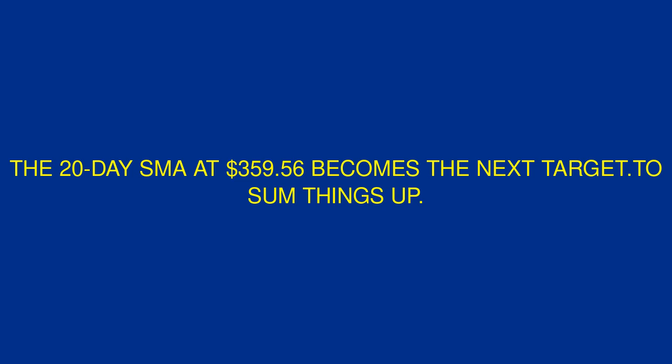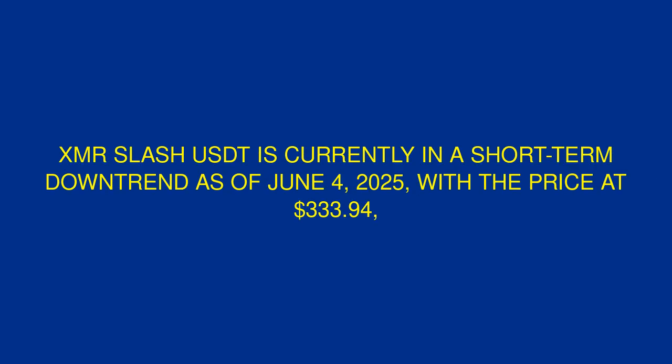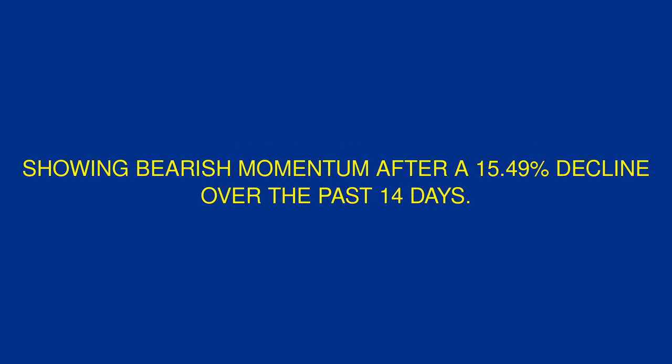To sum things up, XMR/USDT is currently in a short-term downtrend as of June 4, 2025, with the price at $333.94, showing bearish momentum after a 15.49% decline over the past 14 days.